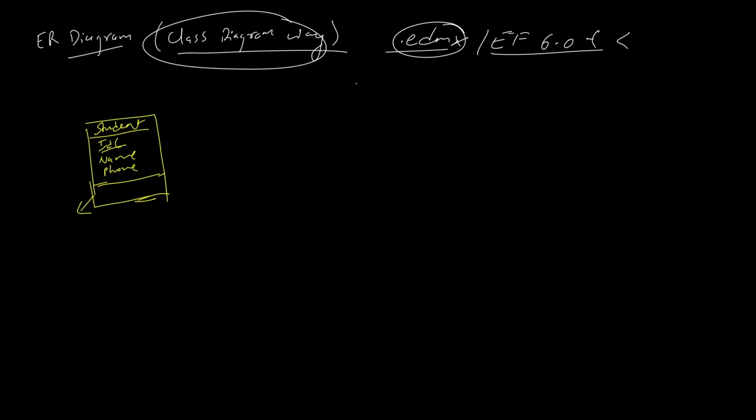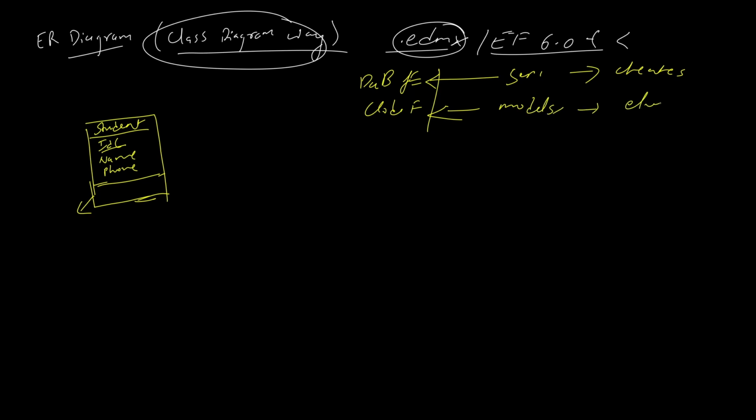EDMX files are created through either database first or code first models. When you do database first, you give your server details and it fetches the data and creates the EDMX. For code first, it takes the models that you have created and then creates the EDMX.